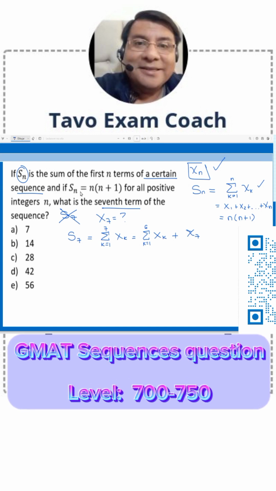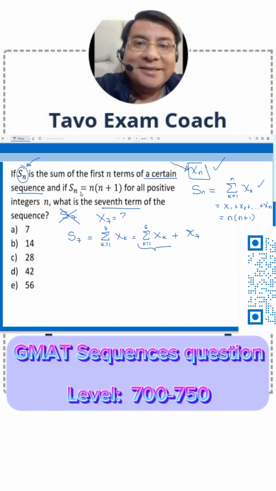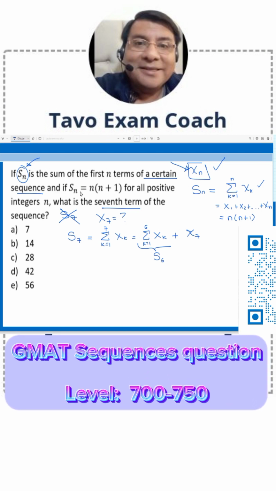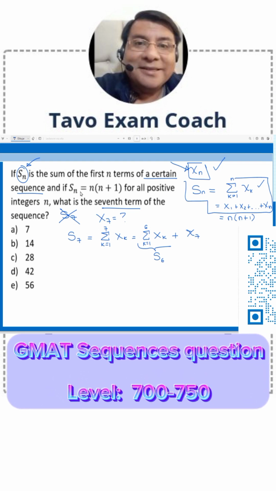But we know that from the definition of S above, this sum of the first six terms of sequence X is exactly S sub 6. That is how it is defined, remember? S sub 6 is the sum of x1 plus x2 up to x6.